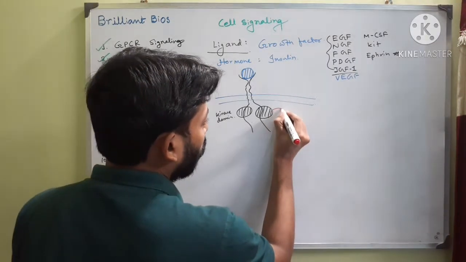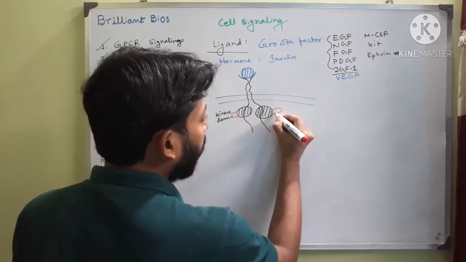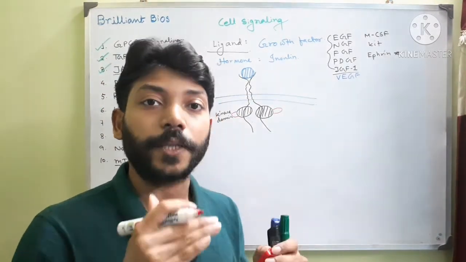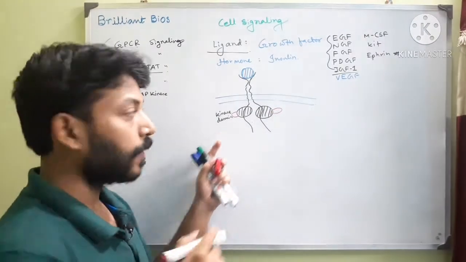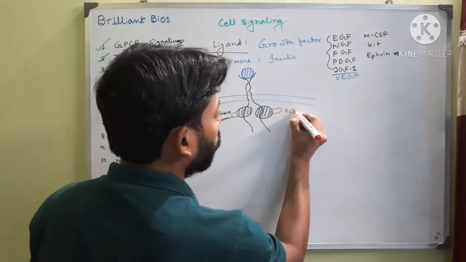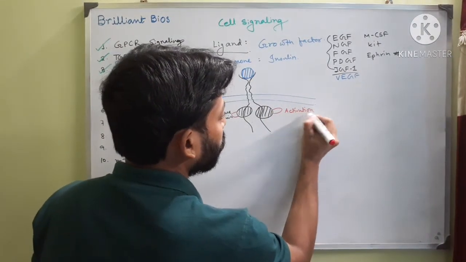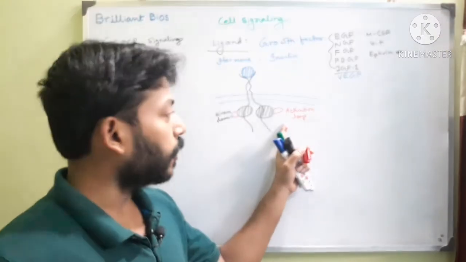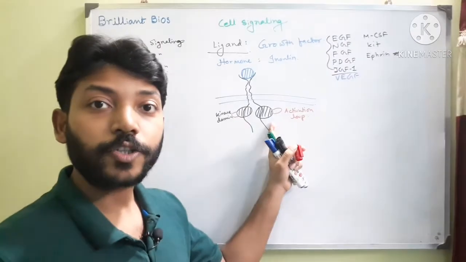So there is a loop called the activation loop, and it masks or hides the kinase activity domain of this kinase enzyme. This loop prevents the functioning of this kinase domain.